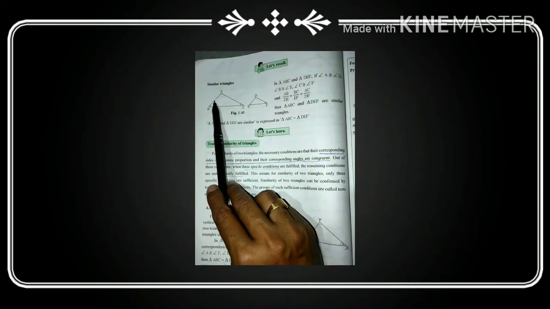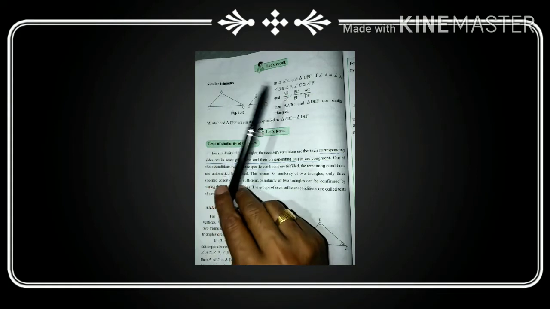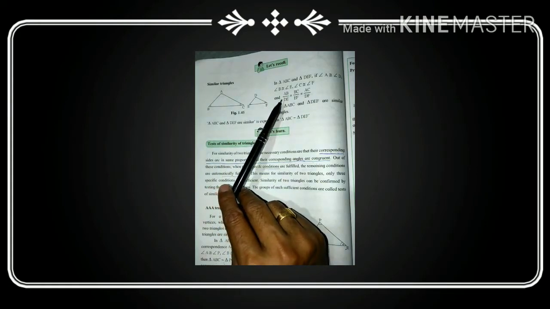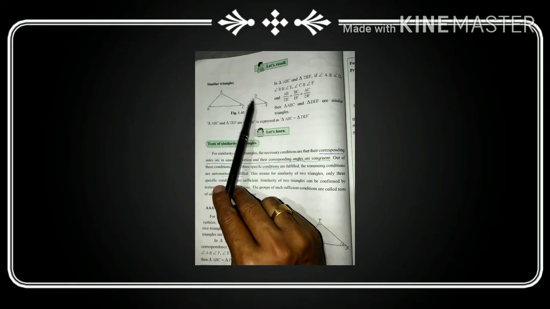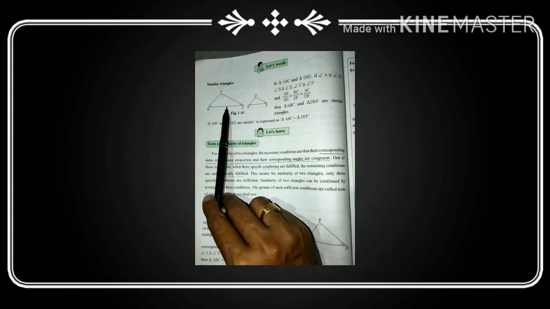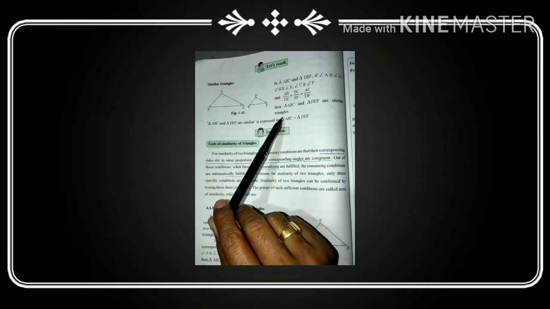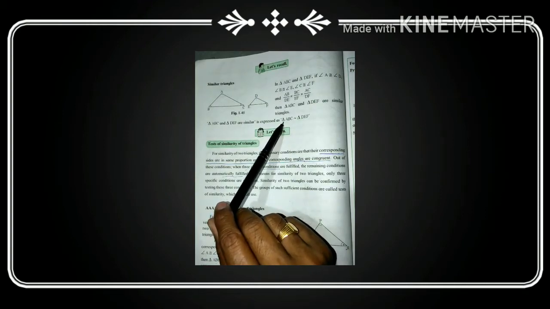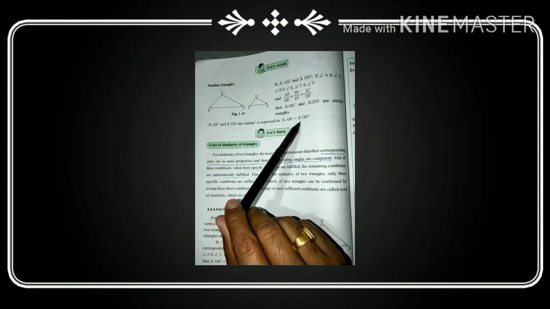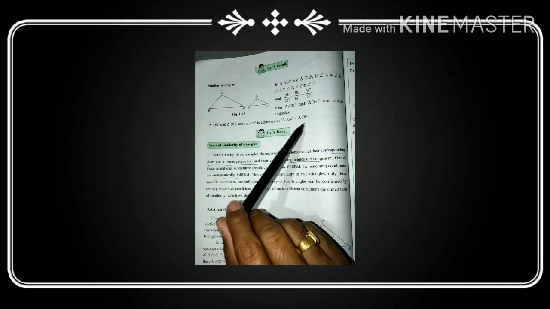Means the first triangle's side AB is proportional to the second triangle's side DE. In this manner, all sides of the given triangle correspond to the second triangle, and hence these two triangles are similar and will be expressed in this manner: triangle ABC is similar to triangle DEF.